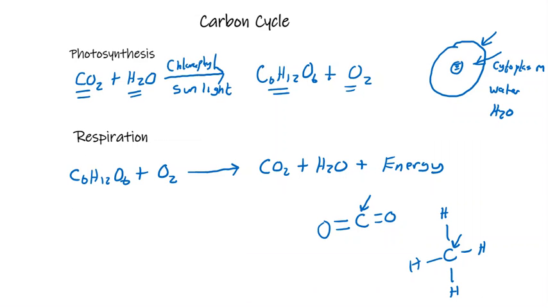Also, it offers a medium for chemical reactions to take place. If we take, for example, this process here, respiration, this is a chemical reaction. You have all of these chemical reactions happening. Where does this happen? It happens inside the cell. You have these structures called mitochondria, and this is basically where respiration happens.